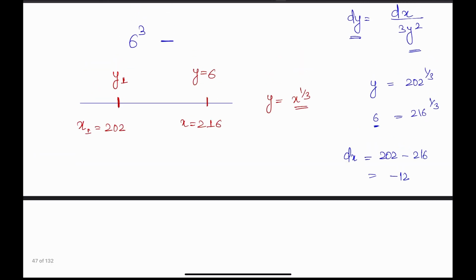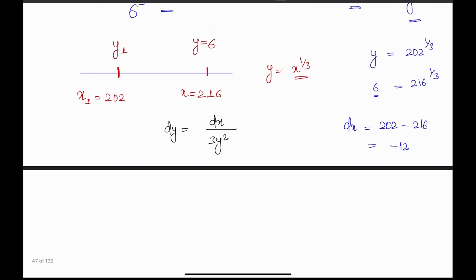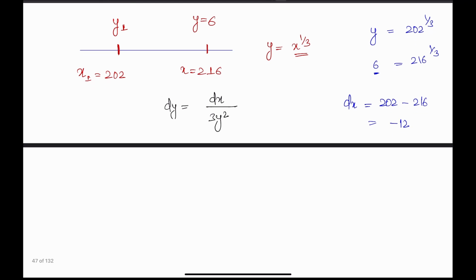Okay, so what has been asked is that dy equal to dx upon 3y square. So we want to find the value of dy. Okay, this is our intention. And dy is what? Del.